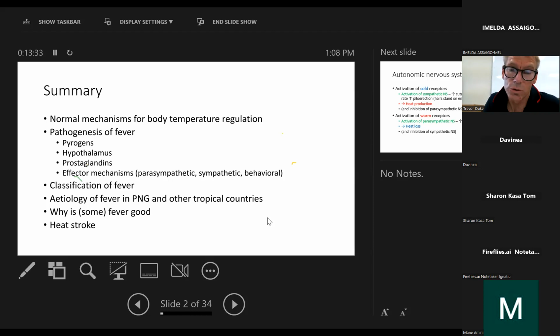Sometimes the causes of fever are different to what we think. I'll say something about why some fever is good for you, because having some fever at some times is actually good for you. And we'll talk a bit about heat stroke. So that's a lot to get through, but let's delve into fever today.